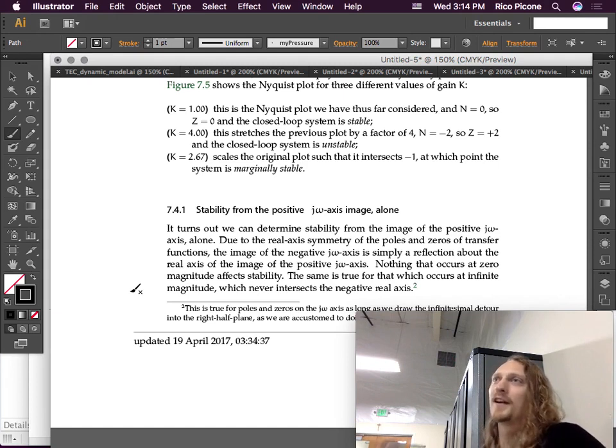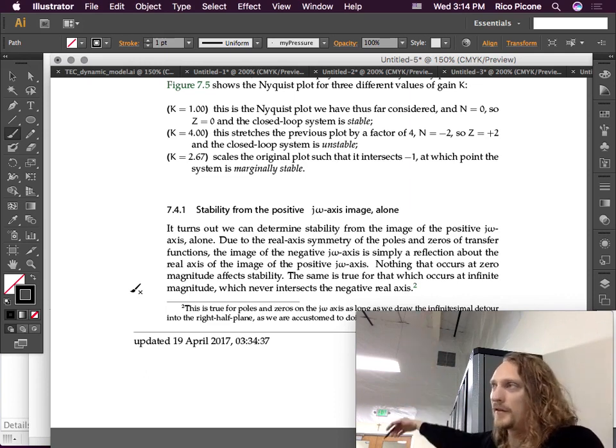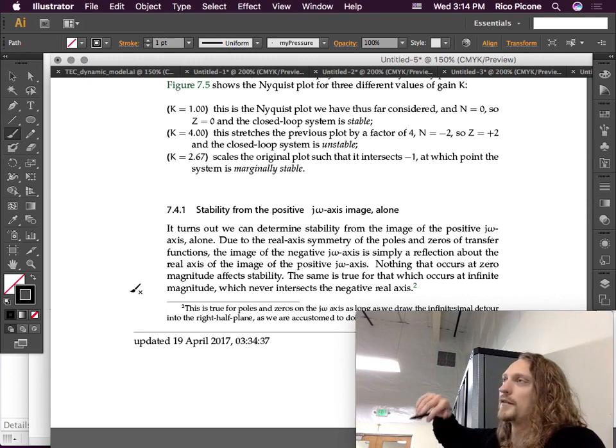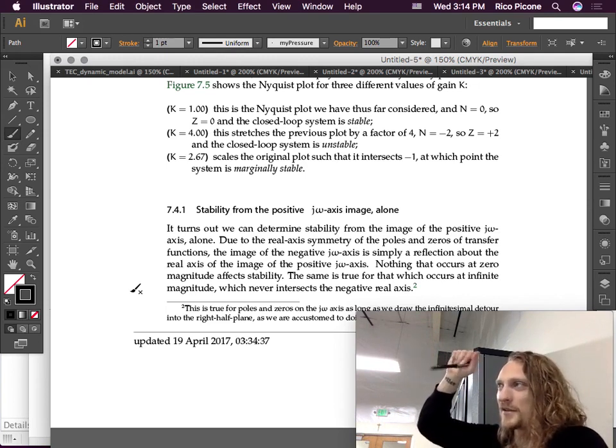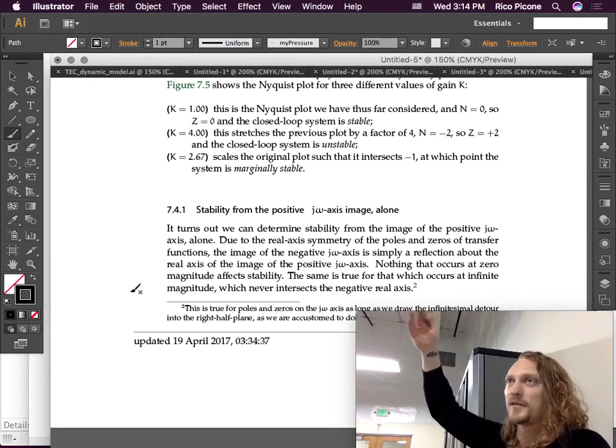When we did our Nyquist plot, we did the positive j omega axis first, and then we went around the big infinity loop, right? Which all happened magnitude-wise at the origin, just phases were changing. And then we went up the negative j omega axis, and we discovered that it's just the mirror image of the positive j omega axis.